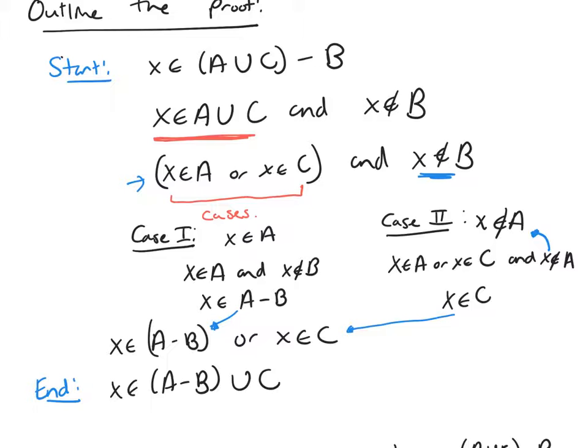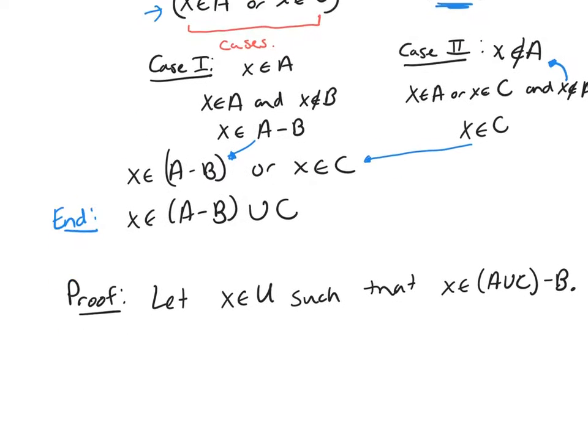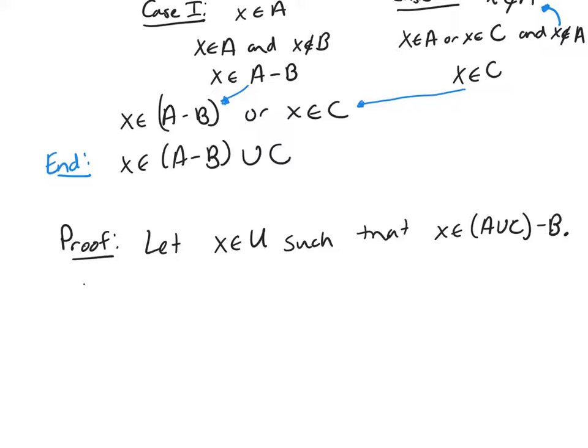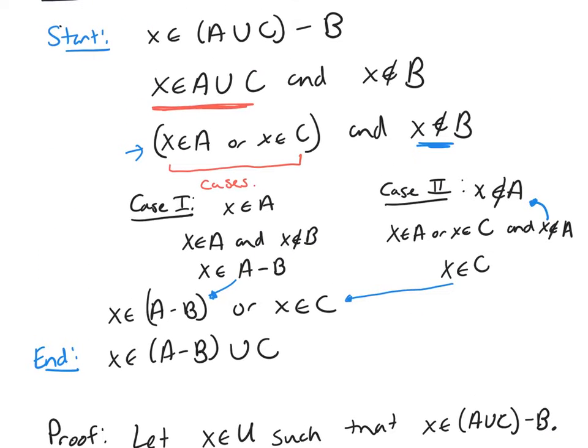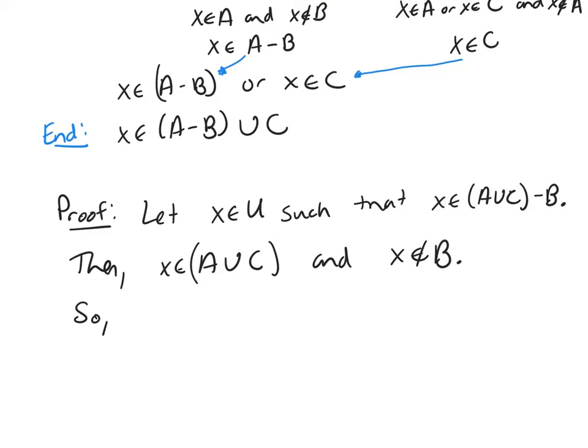I had this second line: X is in A union C and X is not in B. What was our third line in our outline? X is in A or X is in C, and X is not in B.